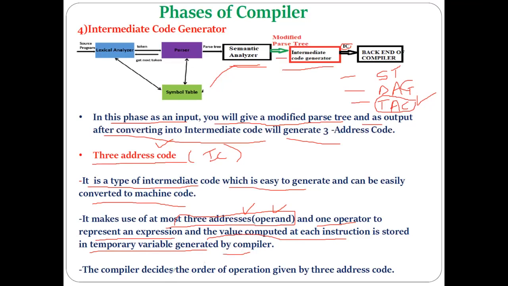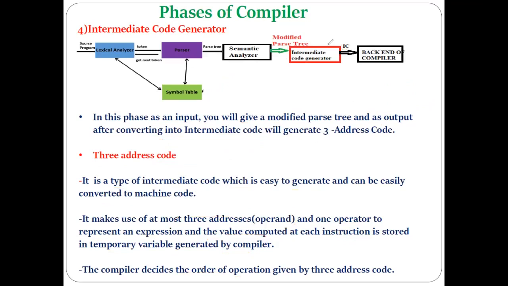And the compiler decides the order of evaluation, the order of operations. So when the final code generation is done by the compiler, the machine code will be generated according to the order of the intermediate code. Now we'll see what exactly this three address code is with an example.